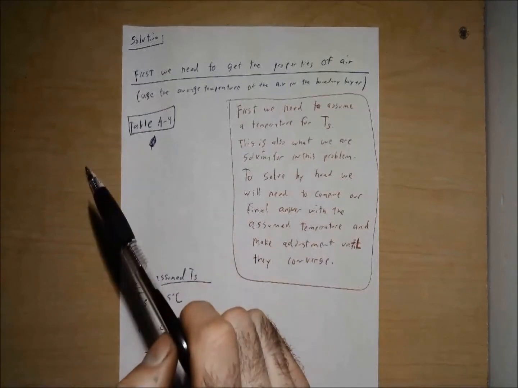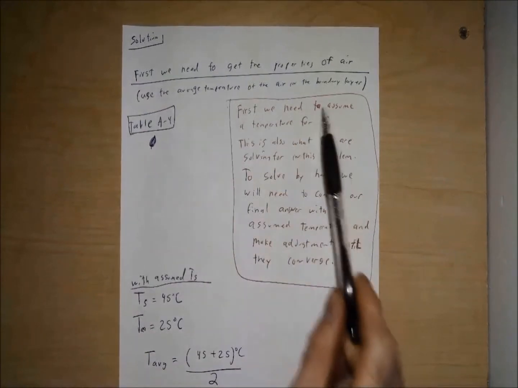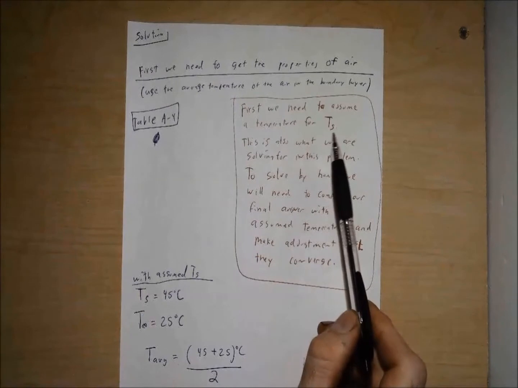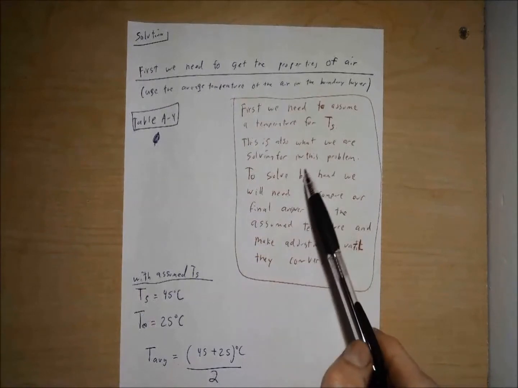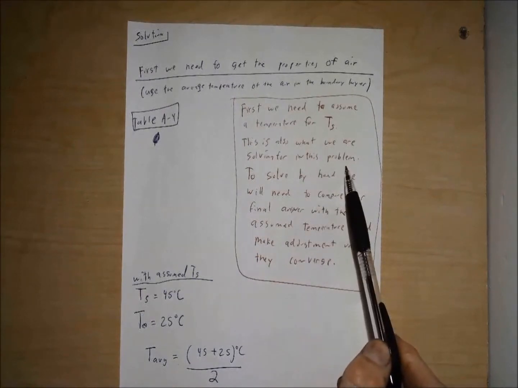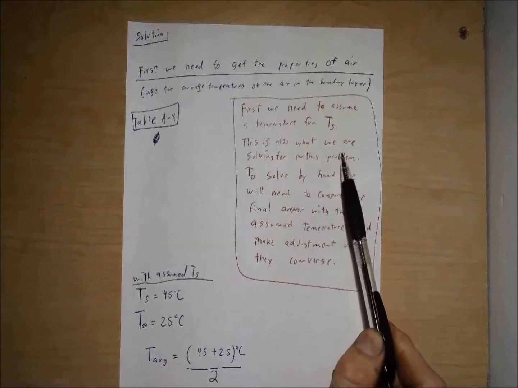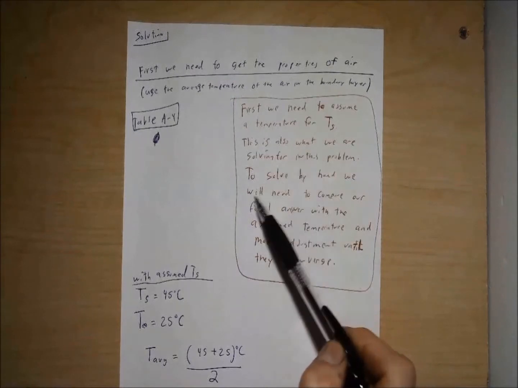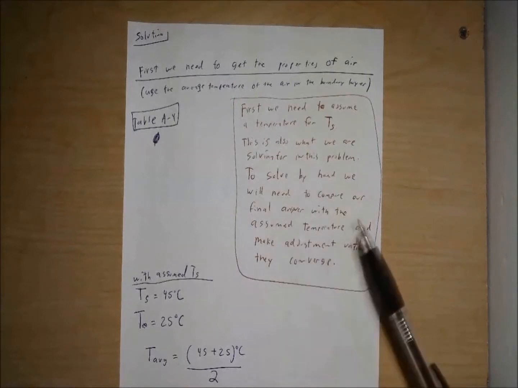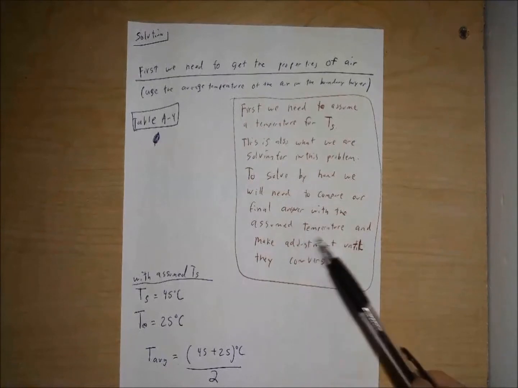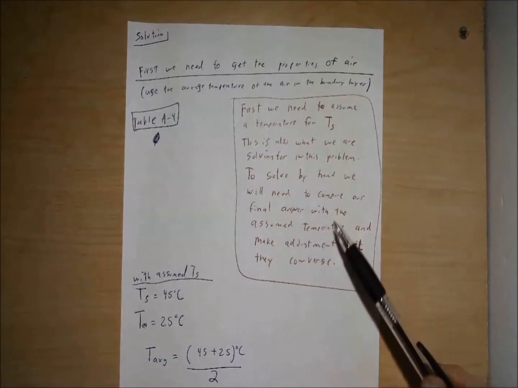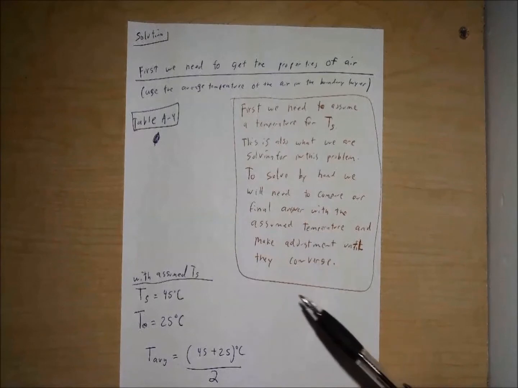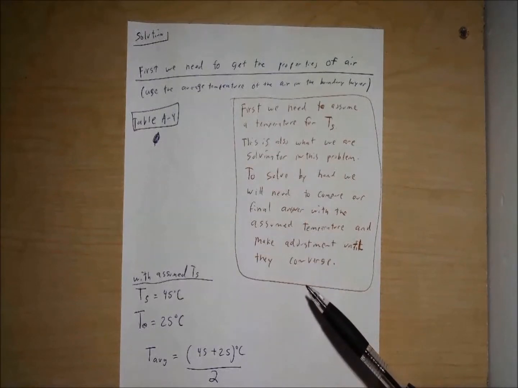But in order to do that, we first need to assume a temperature for T sub s. This is exactly what we're solving for, so we're going to use the assumption in order to compare. To solve by hand, we need to compare our final answer with the assumed temperature for T sub s and make adjustments until they converge. So we're going to do an assumed temperature here.